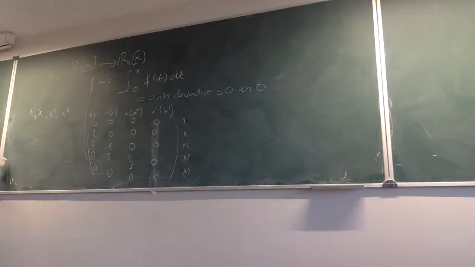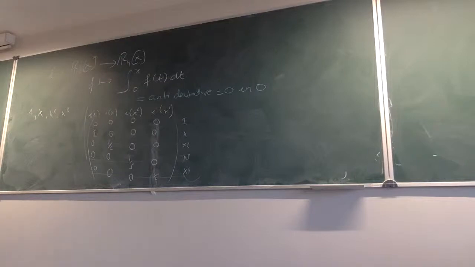So from this matrix, what can we read? What is going to be the map that gives me 0?